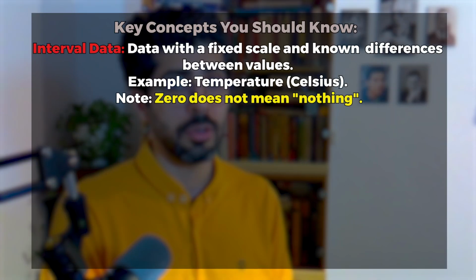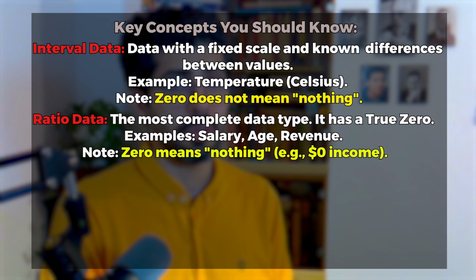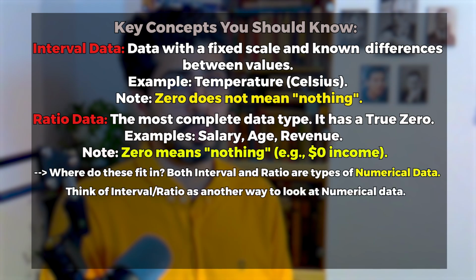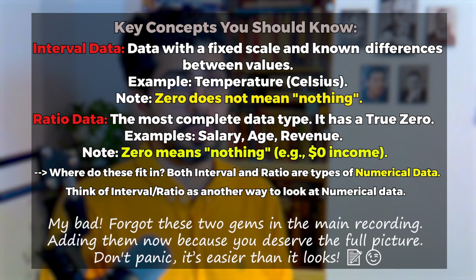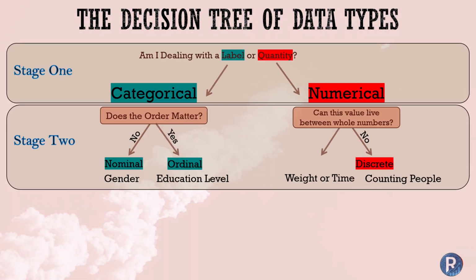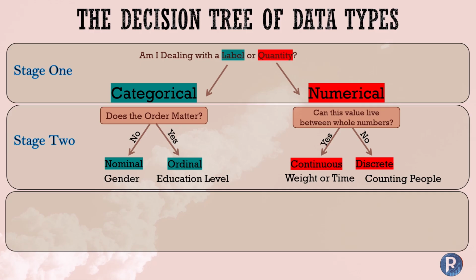You have traded your ratio data for ordinal labels.